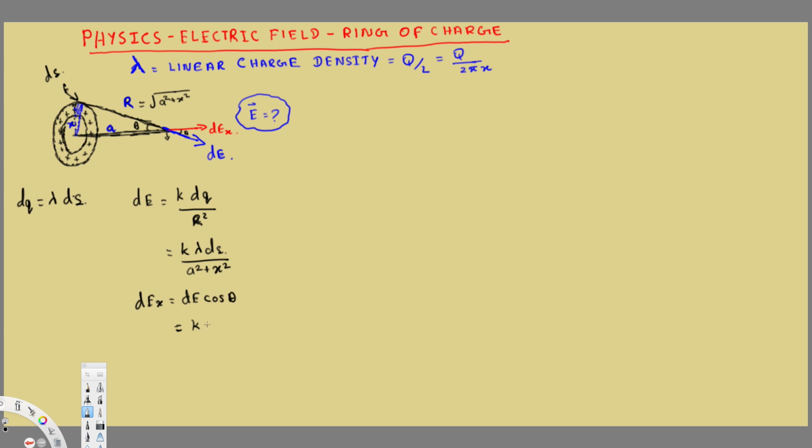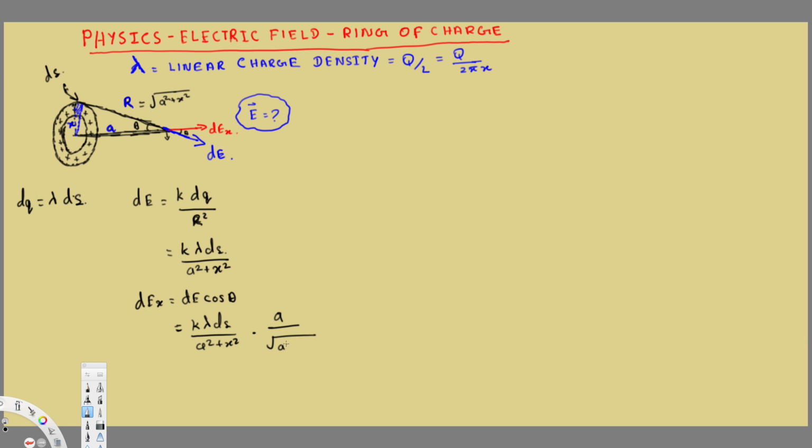So first let's copy the dE here. That is k lambda ds divided by a square plus x square, and cos theta is going to be adjacent over hypotenuse, that's a over r. Instead of r, I can write the square root of a square plus x square.